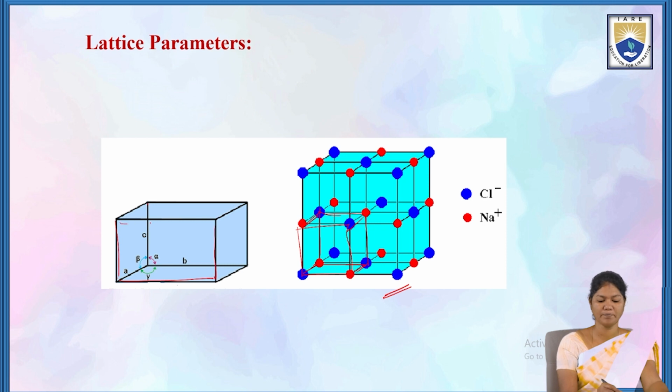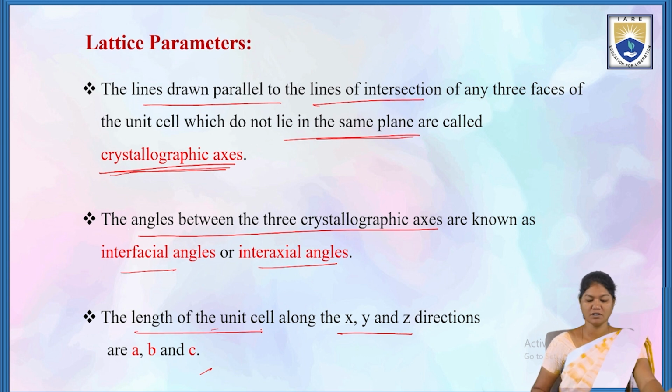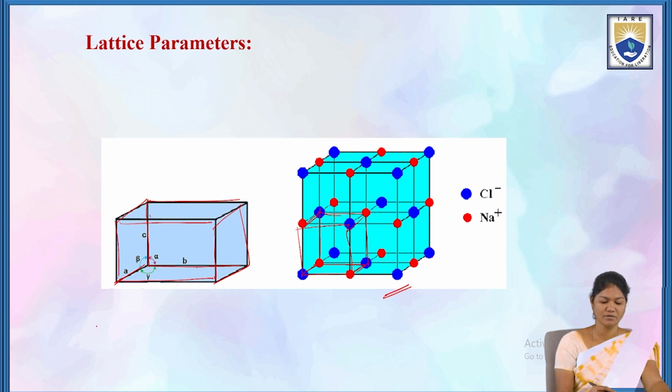Here A, B, C are the lengths of the unit cell. So the lengths of the unit cell along X, Y, Z directions are A, B, C. Along the X direction, the length is A. Along the Y direction, the length is B. Along the Z direction, the length is C.